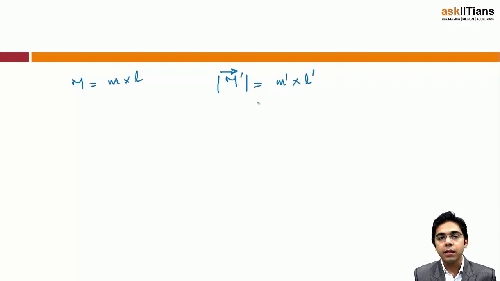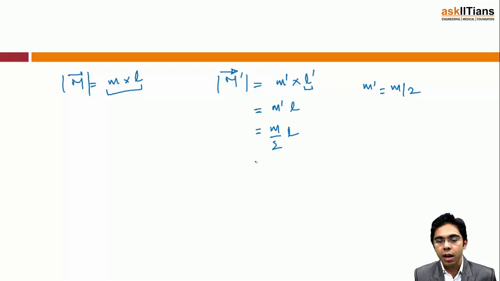Now it is cut along the axis, so L dash will become L. Therefore this can be written as m dash into L, and we know that m dash is equal to m by 2. So this comes out to be m by 2 into L. Initially it was m into L, now it is m into L divided by 2. So M dash is equal to M by 2.